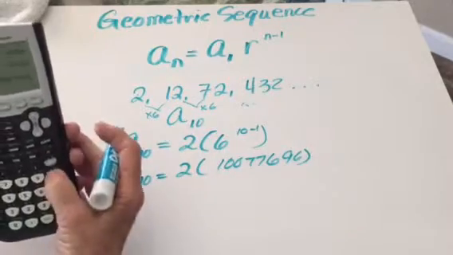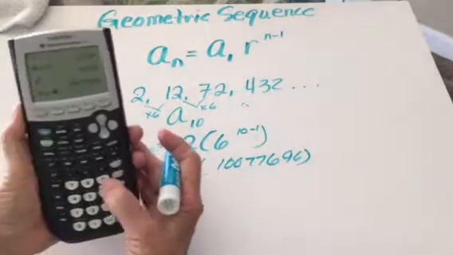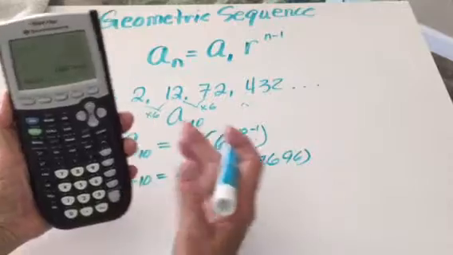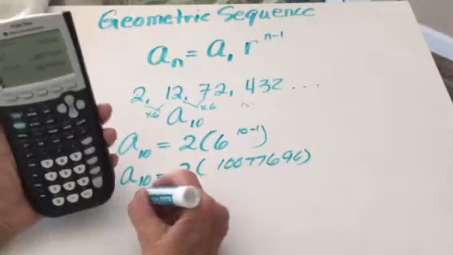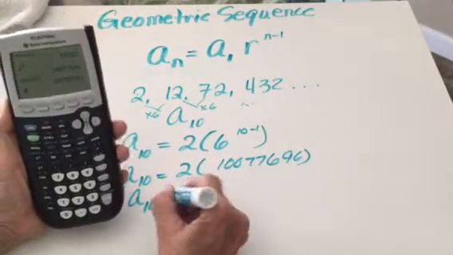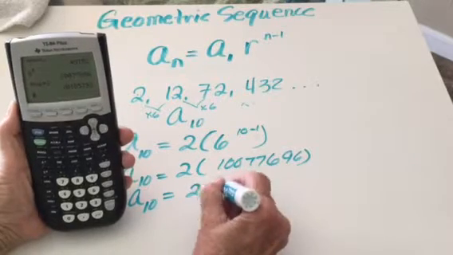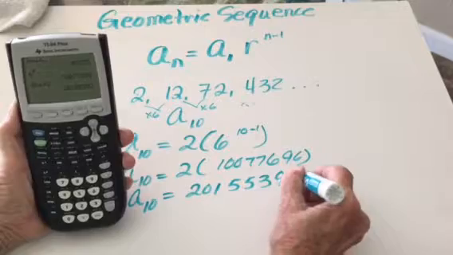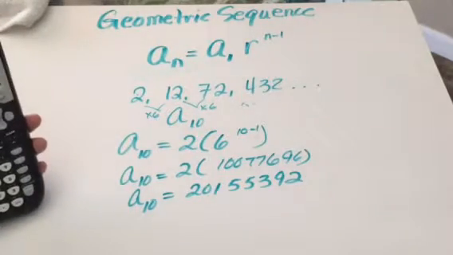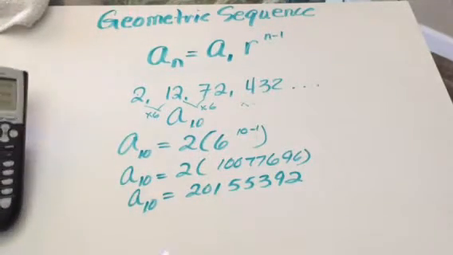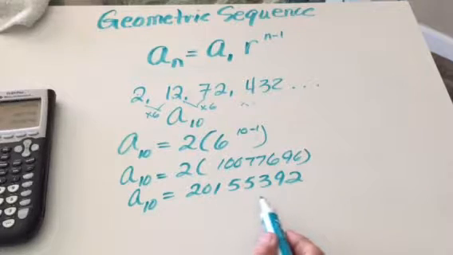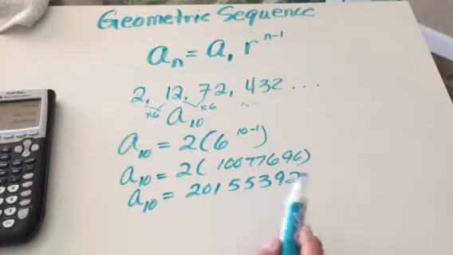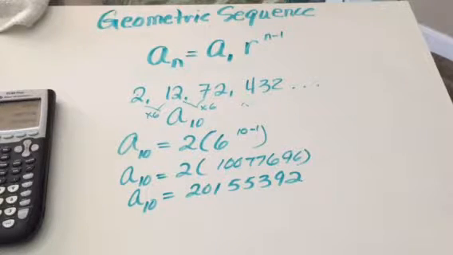Now multiply that times 2 equals. So a sub 10 equals this huge number, 20,155,392. The 10th term of that sequence will be that huge number. All right? That's how you do geometric sequences.